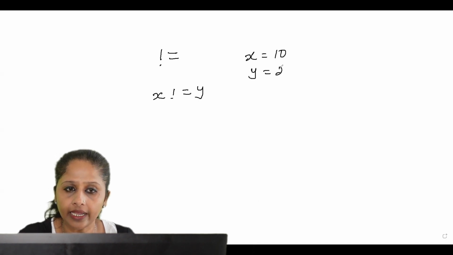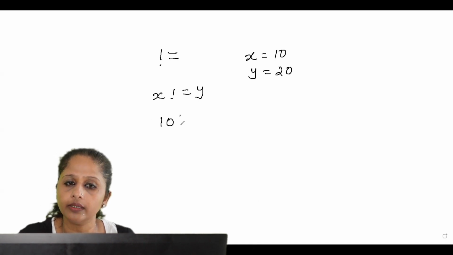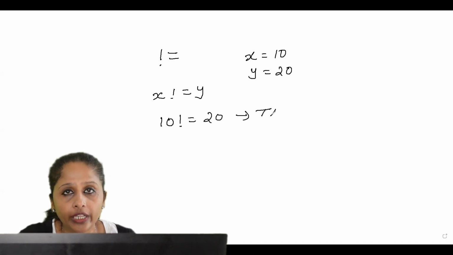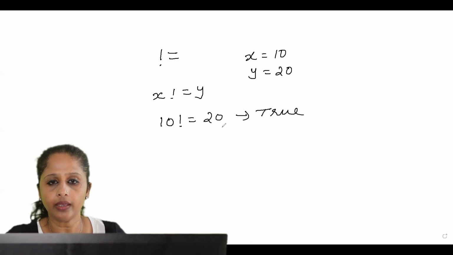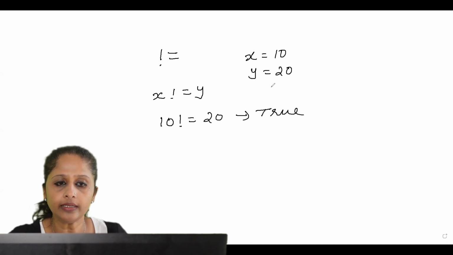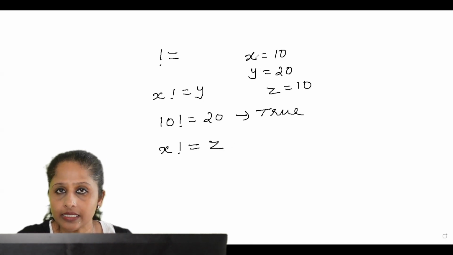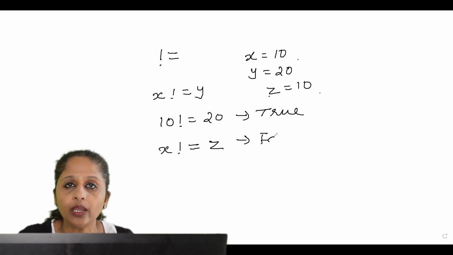We are checking 10 not equal to 20. So the answer is true because 10 is not equal to 20. In the same way, z is equal to 10. So I am checking whether x not equal to z. In this case, x is 10 and z is 10, so the answer is false because x is equal to z.